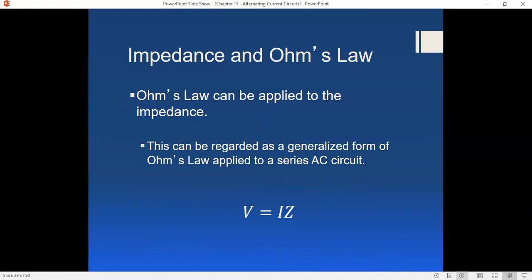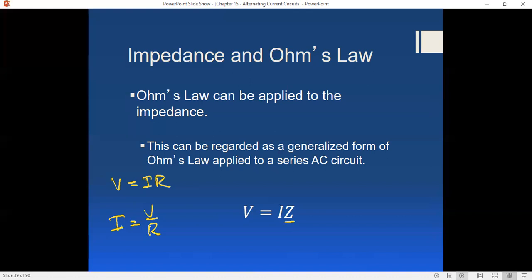But basically, think back to when we were just doing Ohm's law for DC circuits. Current was equal to voltage divided by resistance. The only thing that was affecting the current was the resistance. Now we've introduced this new concept of impedance, where what the capacitor is doing is going to affect the current, what the inductor is doing is going to affect the current, and what the resistor is doing is going to affect the current.